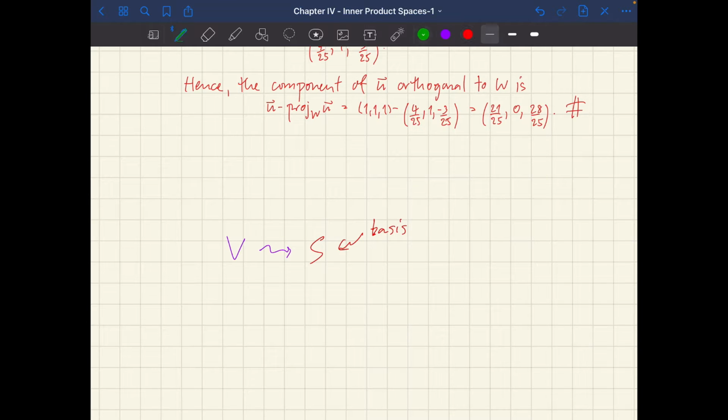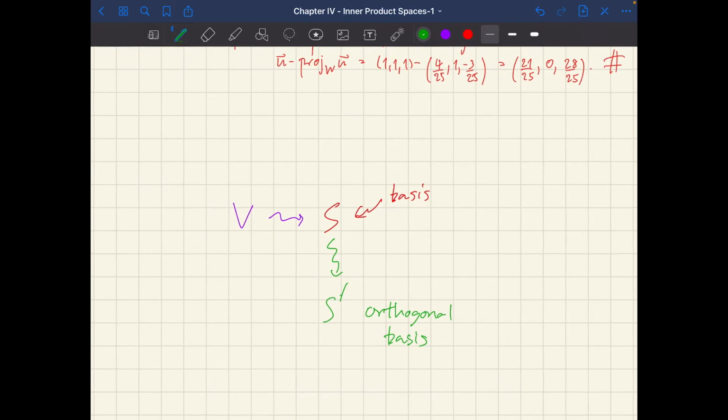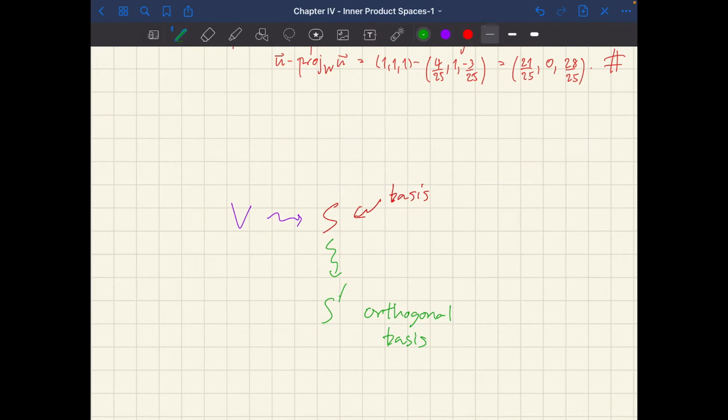Can we change this basis to be an orthogonal basis? If it can be changed, how? Before we talk about the process, I will give you some motivation.